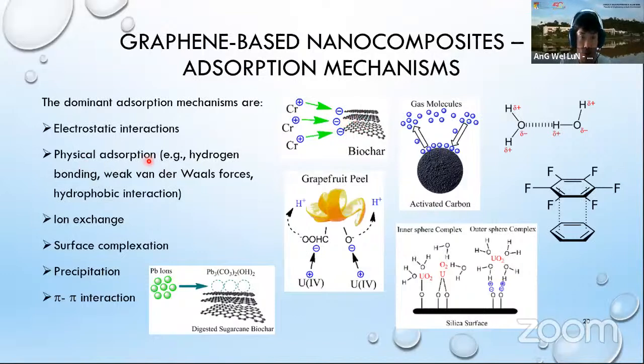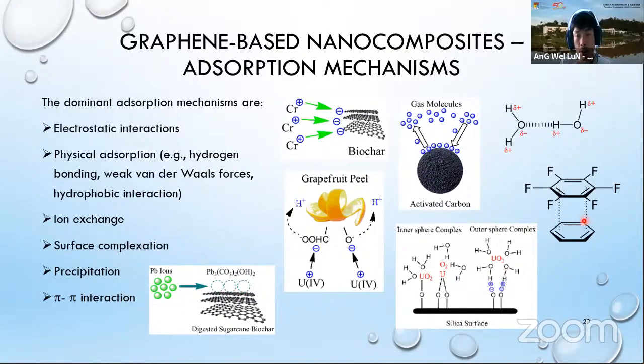Or it could be physical adsorption, such as hydrogen bonding, van der Waals forces and hydrophobic interaction. Or ion exchange, where pollutants with a similar charge replace some of the charge on the adsorbent. Or surface complexation, forming complex structures with the pollutants. Precipitation, where the pollutants form a precipitate on the surface of the adsorbent.